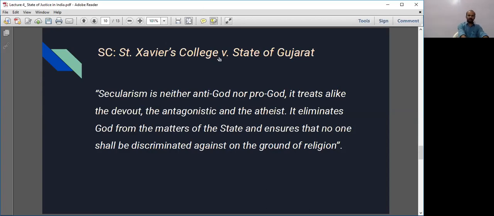Most of the time it is said that the concept of secularism is not well defined in India, but if you go with this judgment, it is quite well defined. The Supreme Court emphasizes that secularism eliminates God from the matter of the state, so there will be no talk about God in the matter of the state.